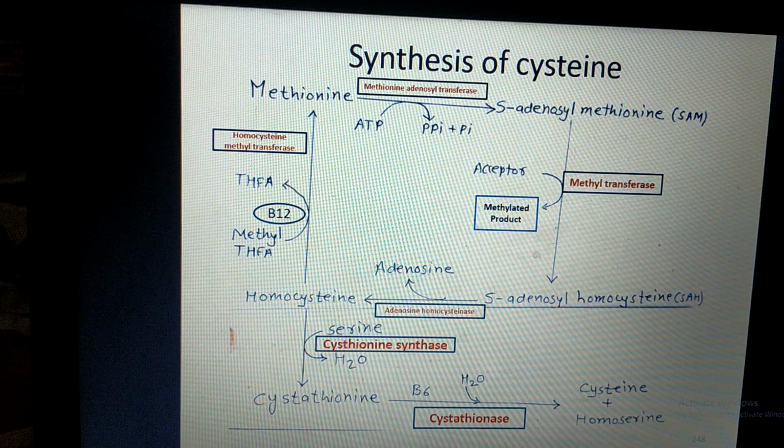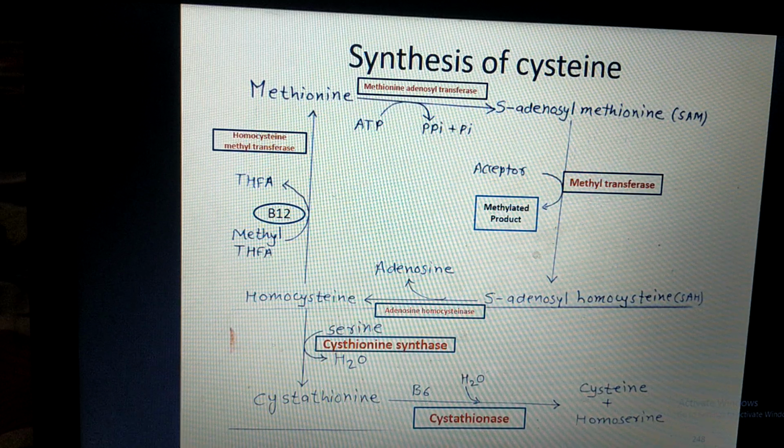But some part of this homocysteine is also converted into cystathionine by combining with serine. This reaction takes place according to the need of the cell. It means some part of homocysteine is remethylated to methionine, or some part of homocysteine combines with serine to form cystathionine. The enzyme is cystathionine synthase. Here dehydration takes place.